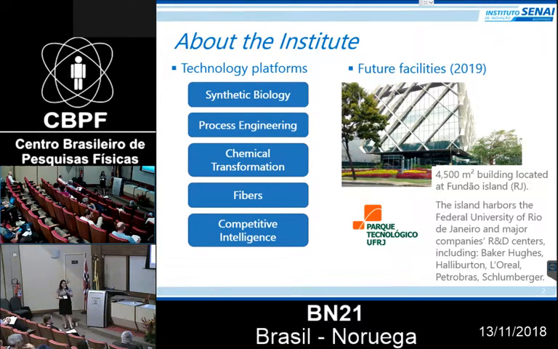Currently, we are located in the Riachuelo neighborhood, but next year we'll be moving to Fundão Island, the same island where Federal University of Rio de Janeiro and also Petrobras and other companies are located. We have 5 technology platforms. One of them is synthetic biology and is the one that I am in charge of.